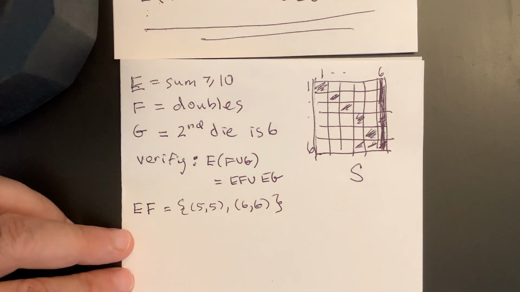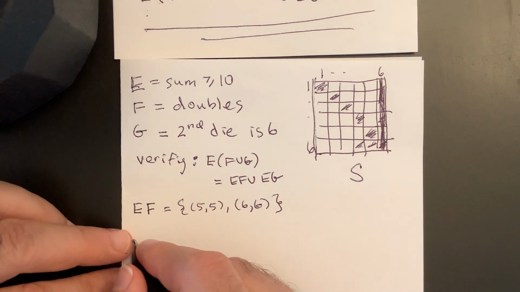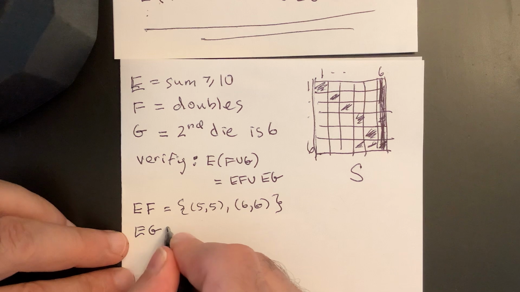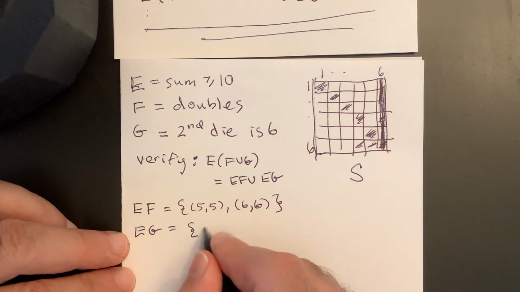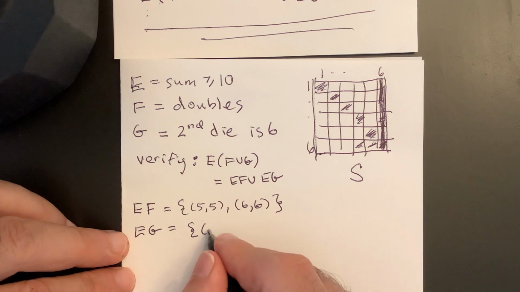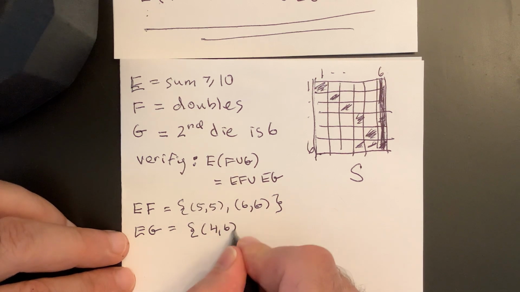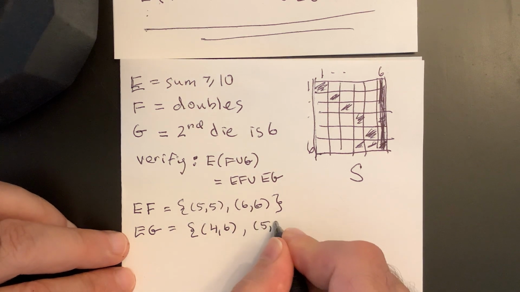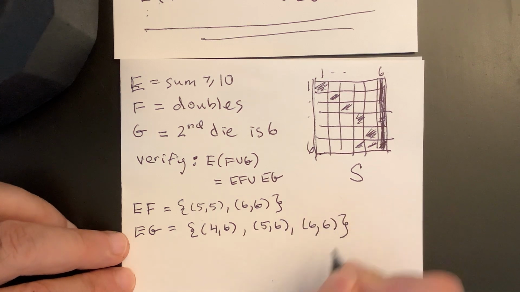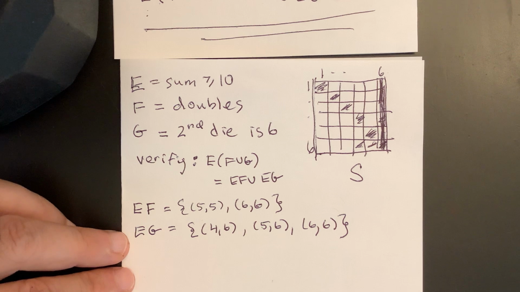Okay, what about EG? Sum greater than or equal to 10, second die is 6. So this has 4, 6, 5, 6, and 6, 6. Okay.